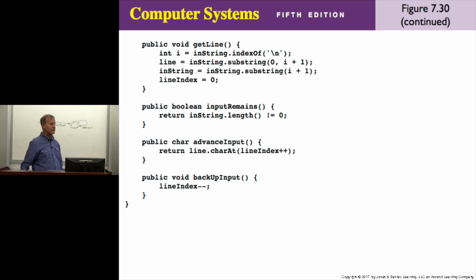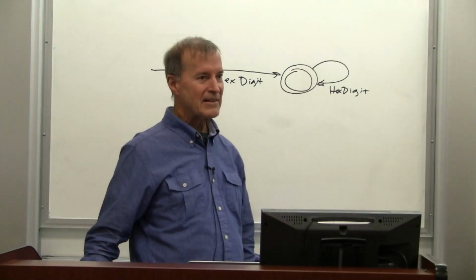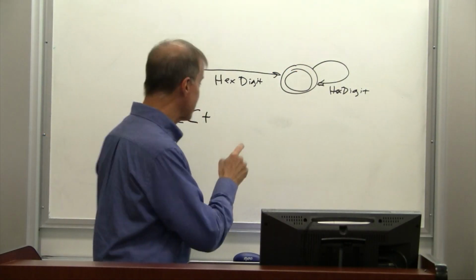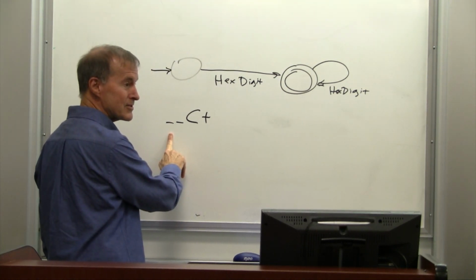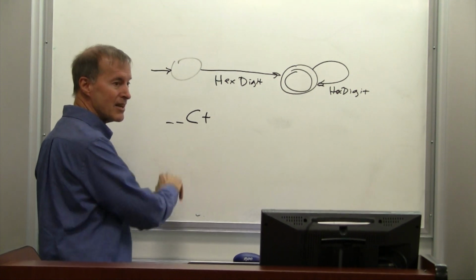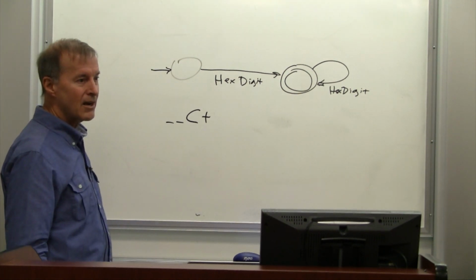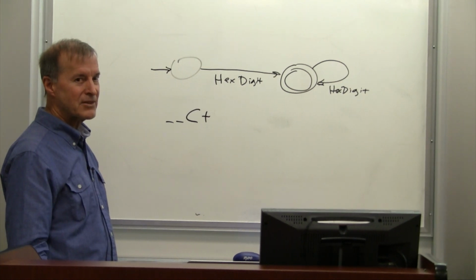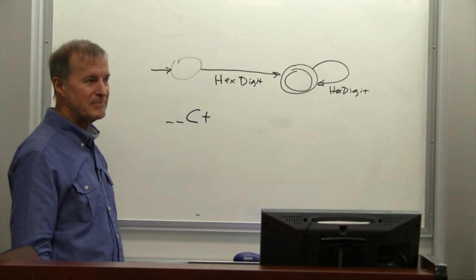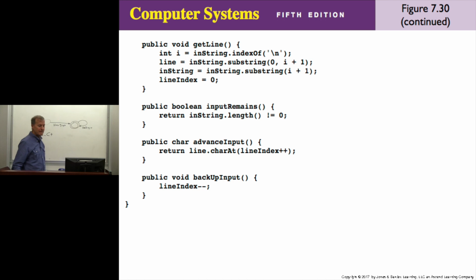After we strip off the front line, what do we do? And this gets 0. So now we are positioned at the start of our first line of the sequence of characters that we need to scan. Are you with me? Are we good? Okay. And now, what is Boolean input remains?